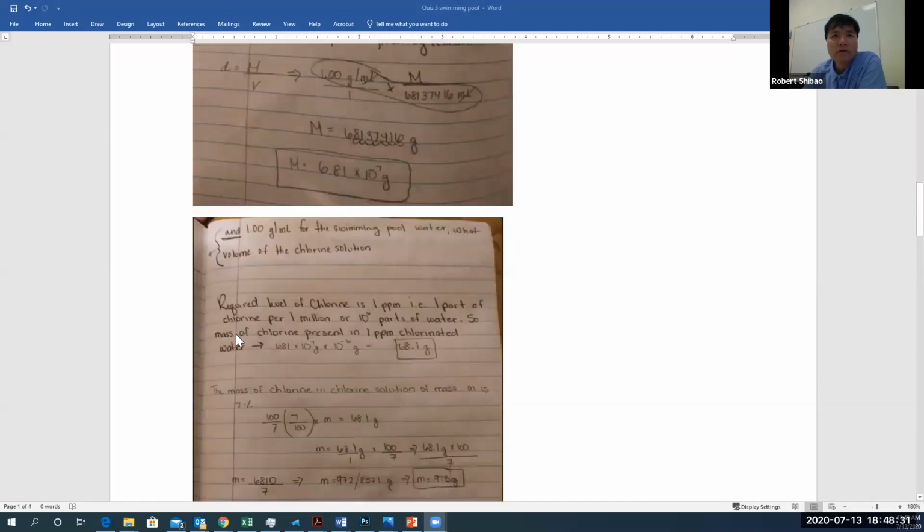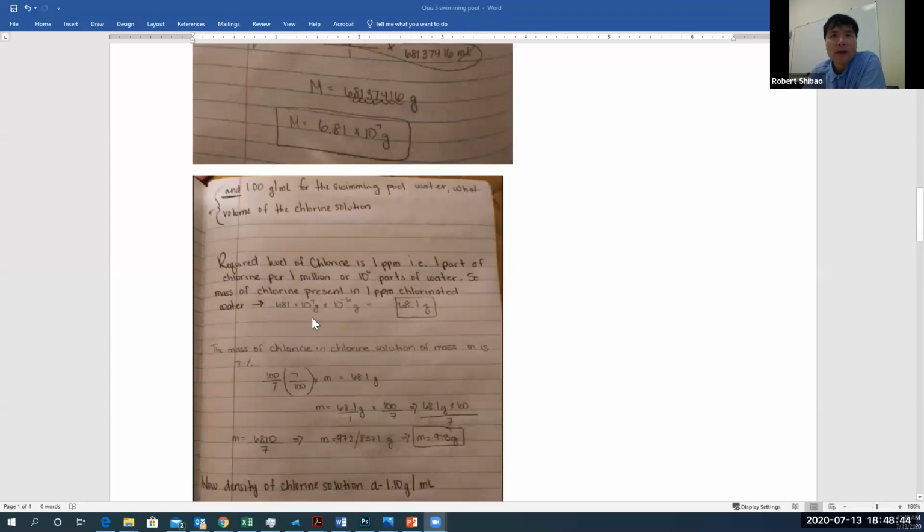Next, volume of chlorine required. Level of chlorine is 1 ppm, i.e. 1 part of chlorine per million, or 10 to the 6 parts of water. So mass of chlorine present, 1 ppm. Looking at this, automatically what I see mathematically is it doesn't work, because if I take grams here and grams, I should get grams squared.